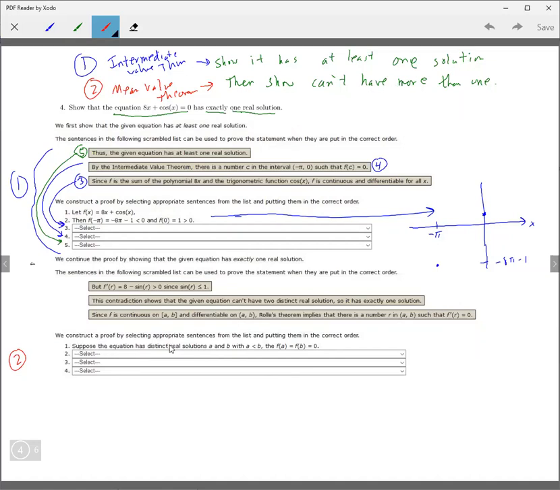You suppose that it has 2 solutions, and if you can get a contradiction, then that shows that it can't. Usually this word, suppose, means that it's going to be a proof by contradiction. You're supposing something that can't be, and you're going to show that it can't be, and therefore they can't have more than one solution.